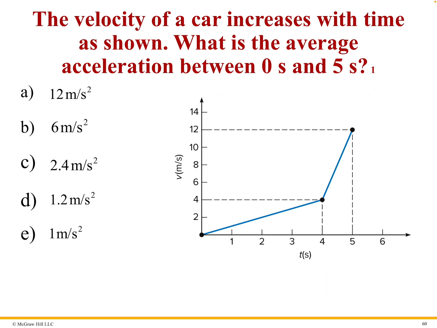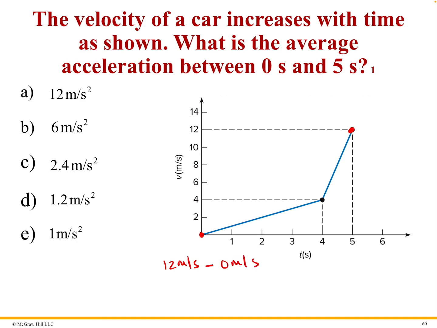All right. This one says, what is the average acceleration between 0 seconds and 5 seconds? How would you go about doing that one? Well, it's the same. Your final velocity was 12.